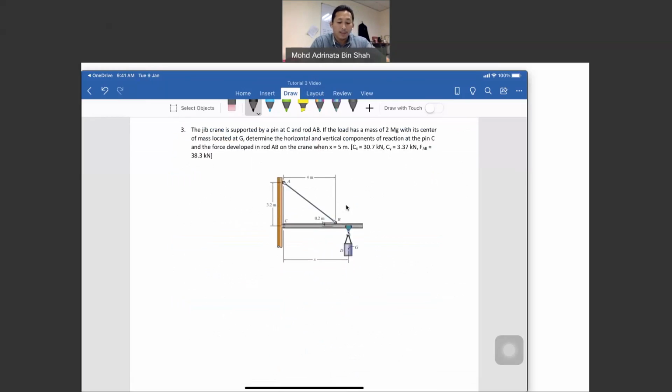The jeep crane is supported by a pin at C and rod AB.